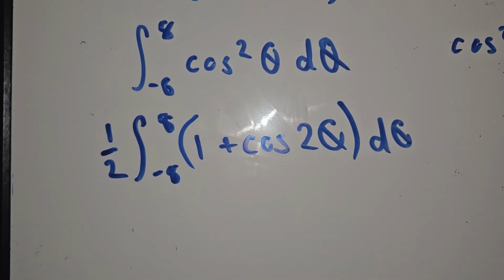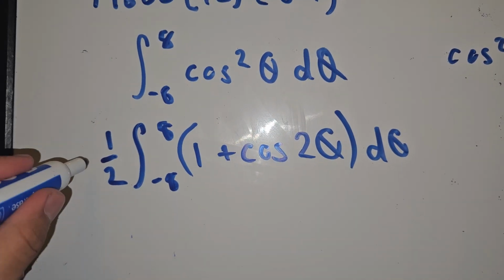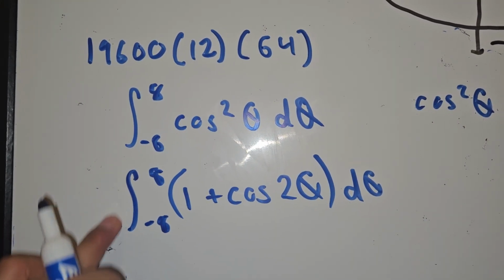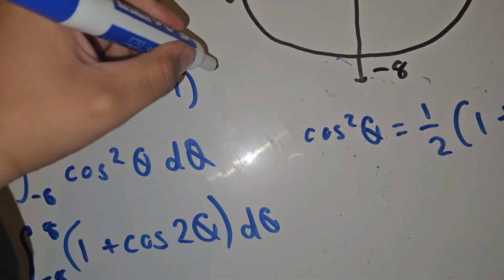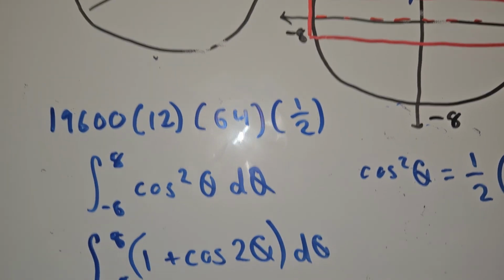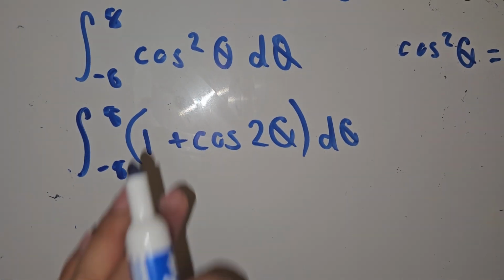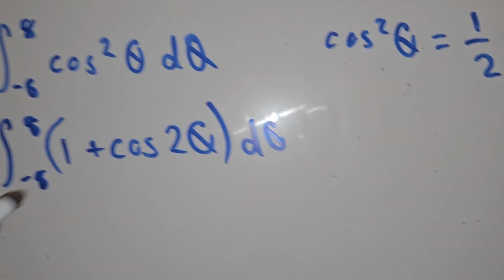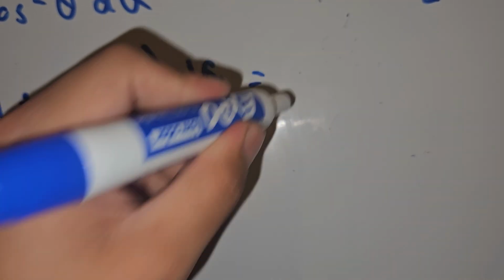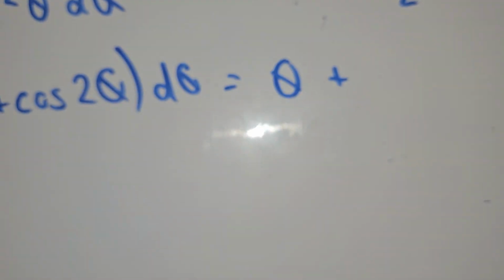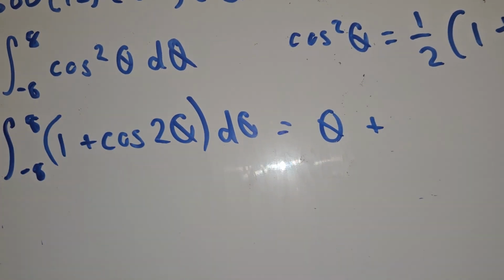Okay, so let's bring this up here so we don't have to be distracted with this 1/2. Now we're just left with this, and this will be kind of easy to integrate. When we integrate this, we're just gonna get theta plus the antiderivative of cosine 2 theta.